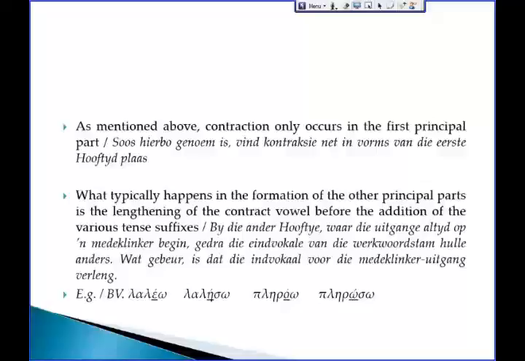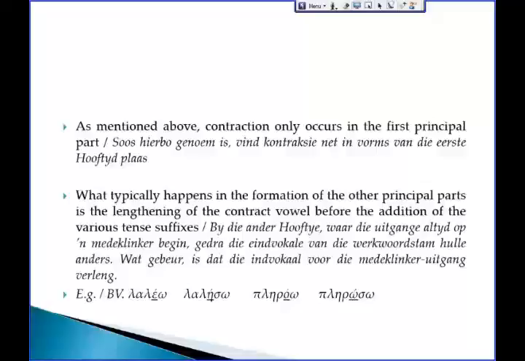Now, what typically happens with the formation of other principal parts is the lengthening of the contract vowel before the addition of the various tense suffixes. I have an example here. Look at the verb laleuo. When it goes to the future, that vowel lengthens.